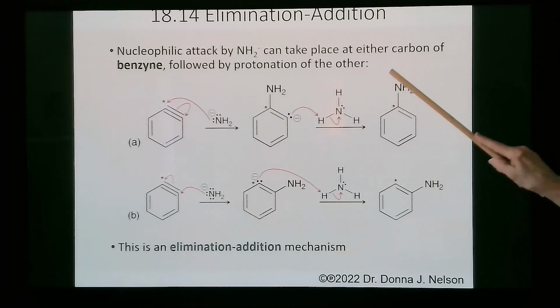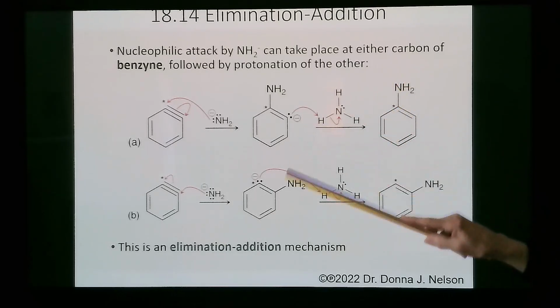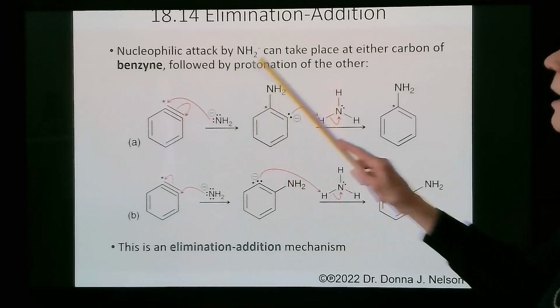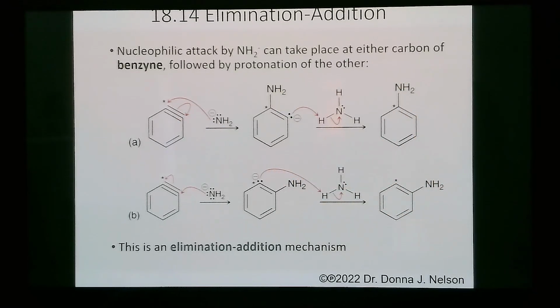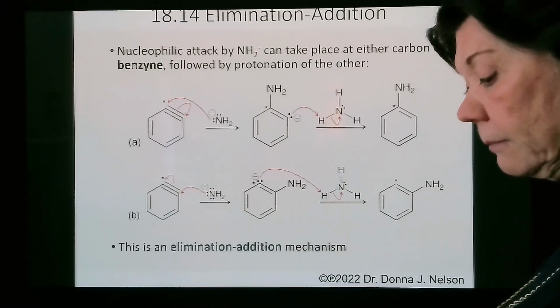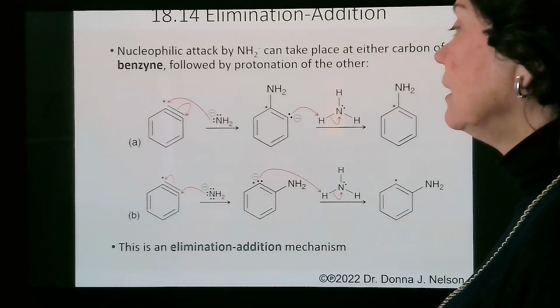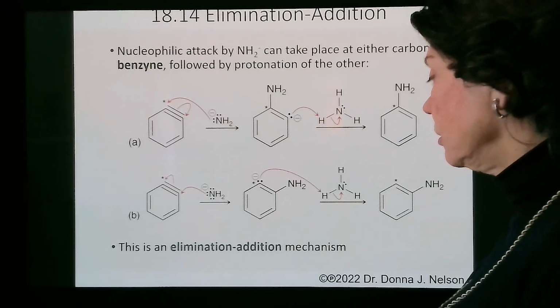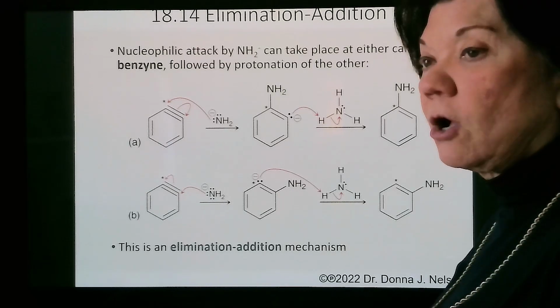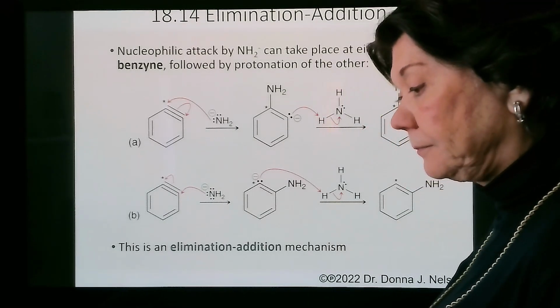So this is where the new substituent is added on. Elimination occurs first, then addition. That's the opposite of what normally happens. Normally you have addition elimination. Here it's elimination addition, or sometimes it's called the benzyne mechanism.